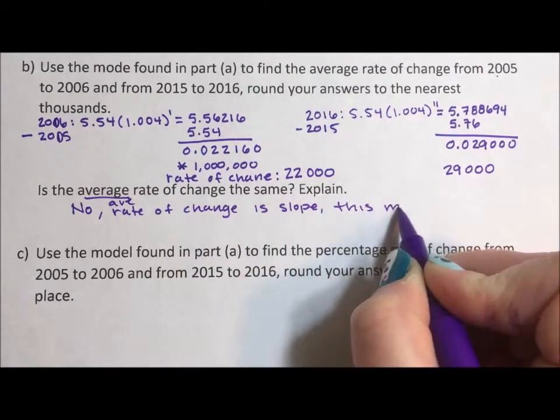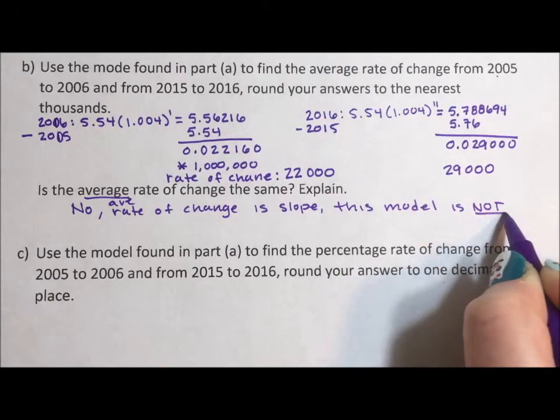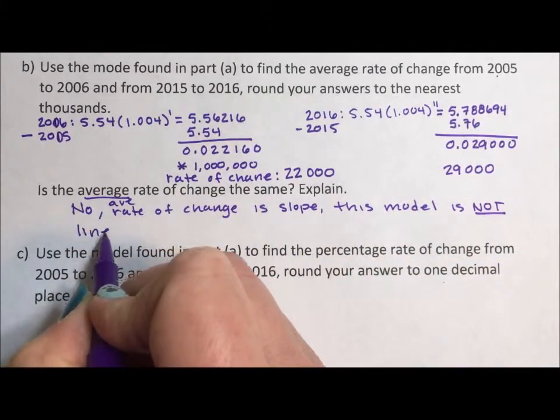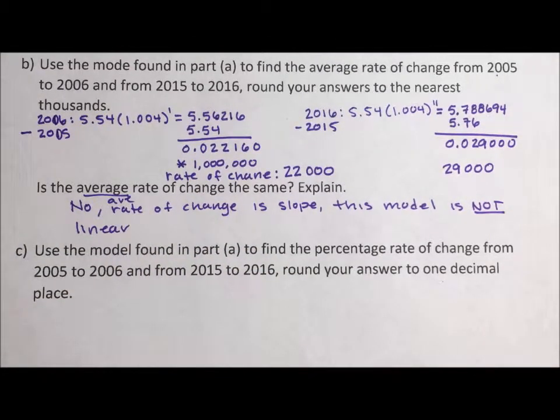This model is not linear. So we didn't expect this to be the same, because if it were the same, it would imply that we had a linear model.